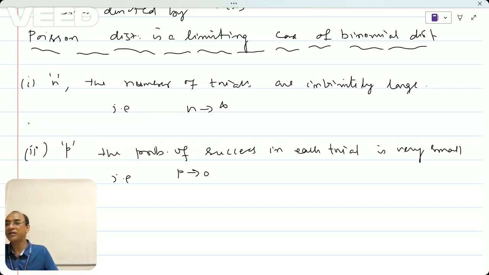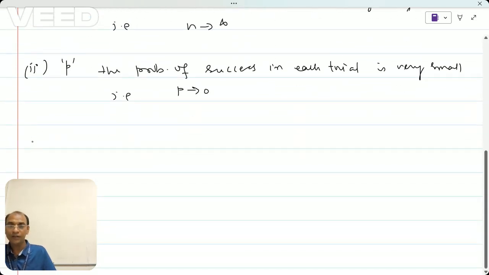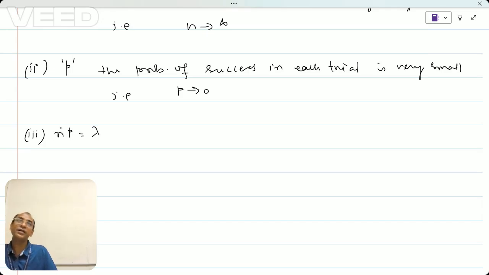And the third condition is n into p equal to lambda. So n into p in case of binomial distribution is the mean. In case of Poisson also, n into p equal to lambda. So lambda will be the mean of the Poisson distribution, we will derive it hereafter. So np equal to lambda must be finite. It should not be infinite.